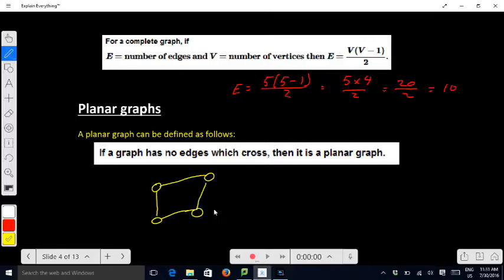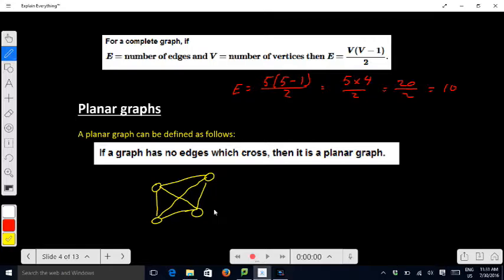It's not a complete graph, but it's a planar graph because I have no edges that cross each other. Now, if I had an edge that went from that one to that one, and one from that one to that one, as you can see, we've got 2 edges that cross. Therefore, it doesn't look like it's a planar graph.